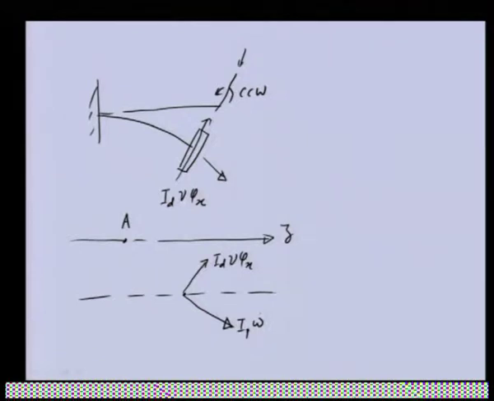So, here you can see this is the angular momentum due to the spin, and this is the angular momentum due to the whirling, which has whirling frequency nu.